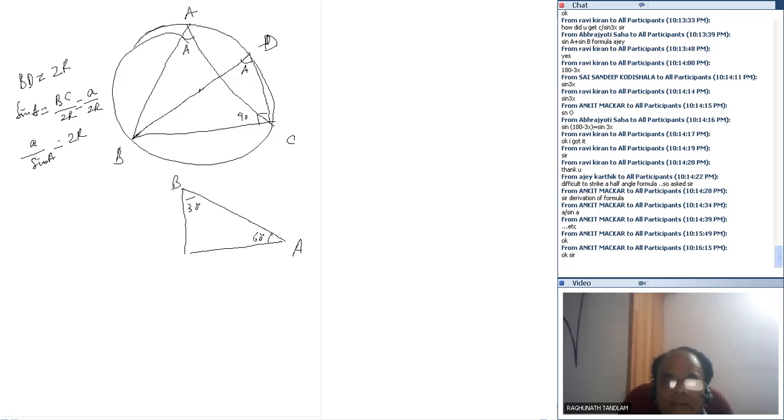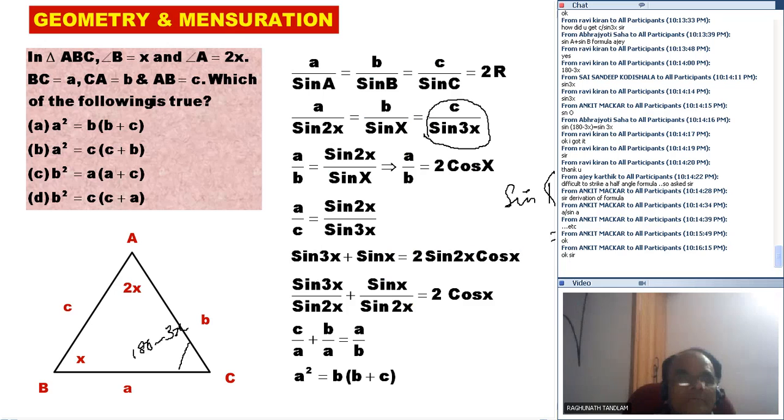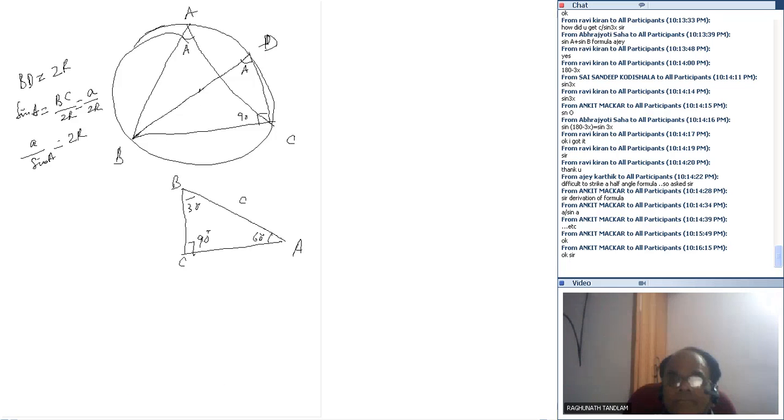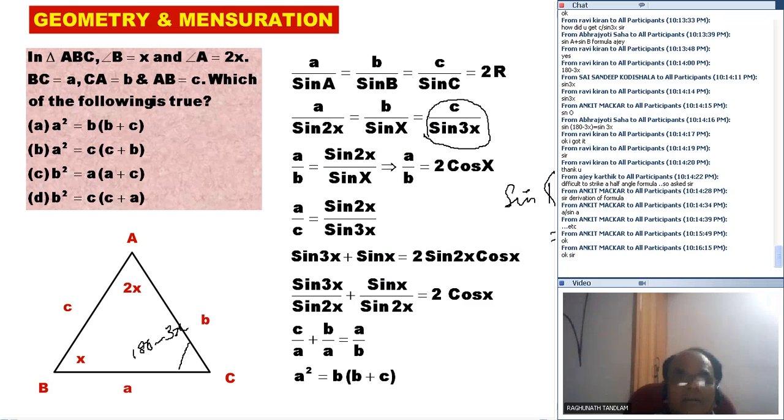Angle C is 90 degrees. Are you clear, Gaurav? This side is called C. What is given there? The question I have to look at. AB is given as C. Then BC is A.